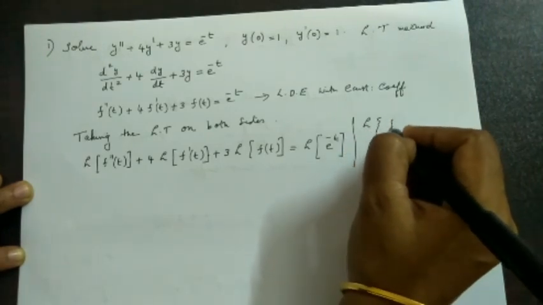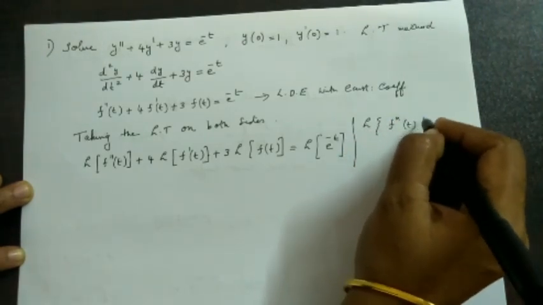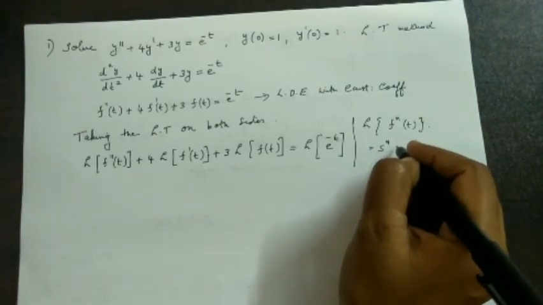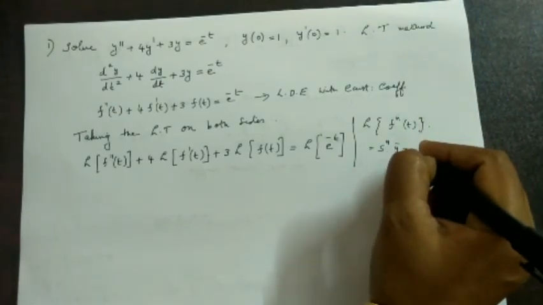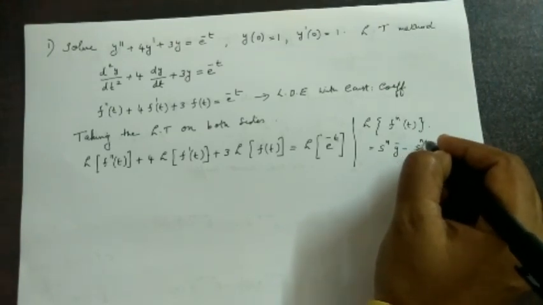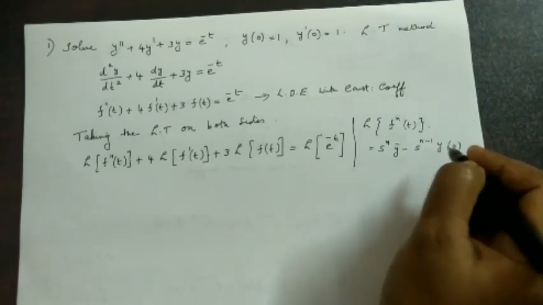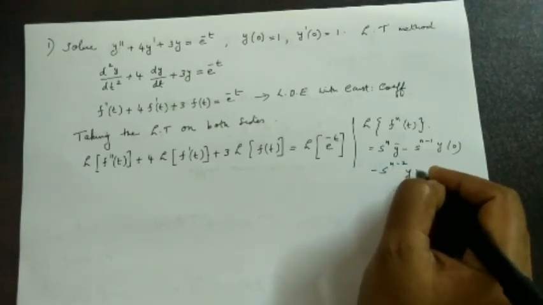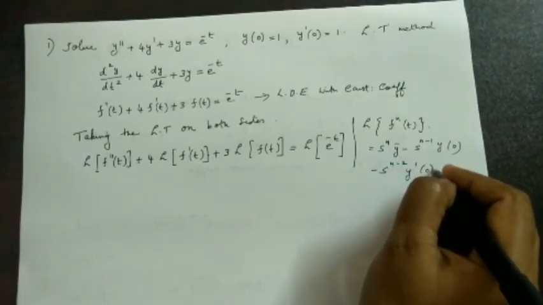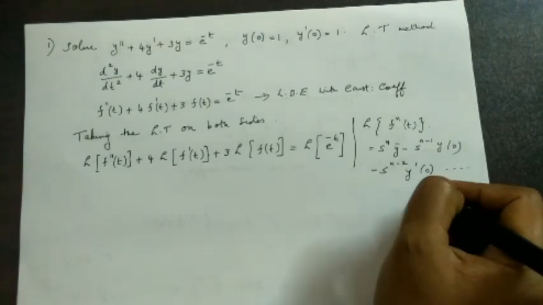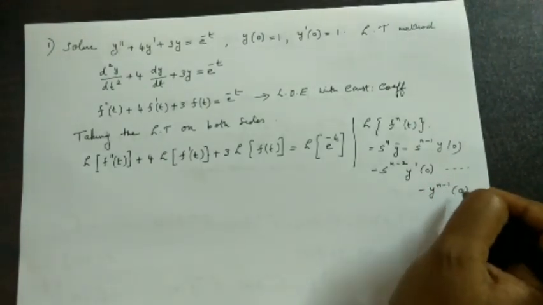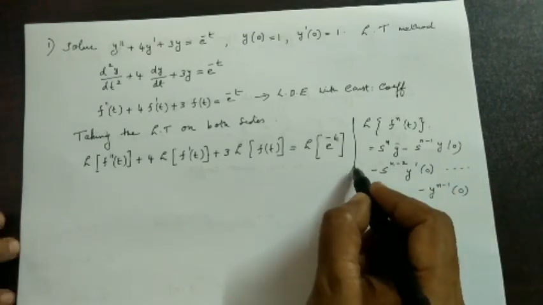Here we can use the formula Laplace transform of f^n(t), which is equal to s raised to n y bar minus s raised to n minus 1 y of 0 minus s raised to n minus 2 y dash 0 minus etc. minus the n minus 1 derivative of y at the point 0.